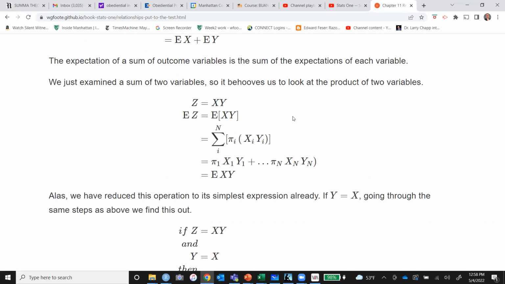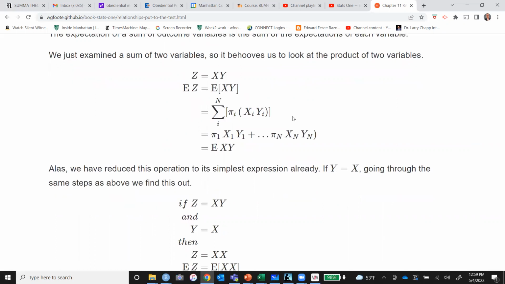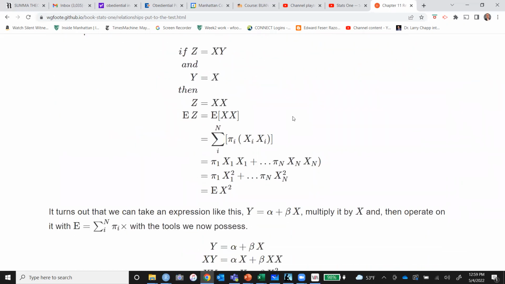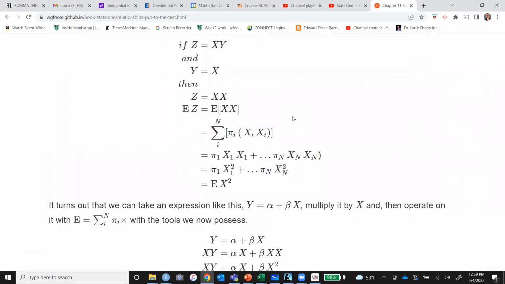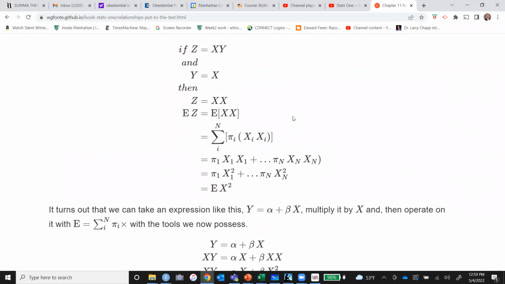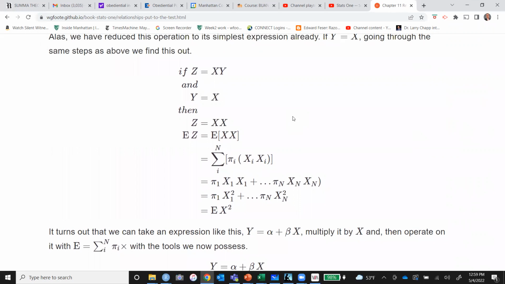What is the expectation of the product of two outcomes, each with probabilities? Okay. Expressions like that, and then get this. So suppose y equals x, and then we have the product is, oh, the square.